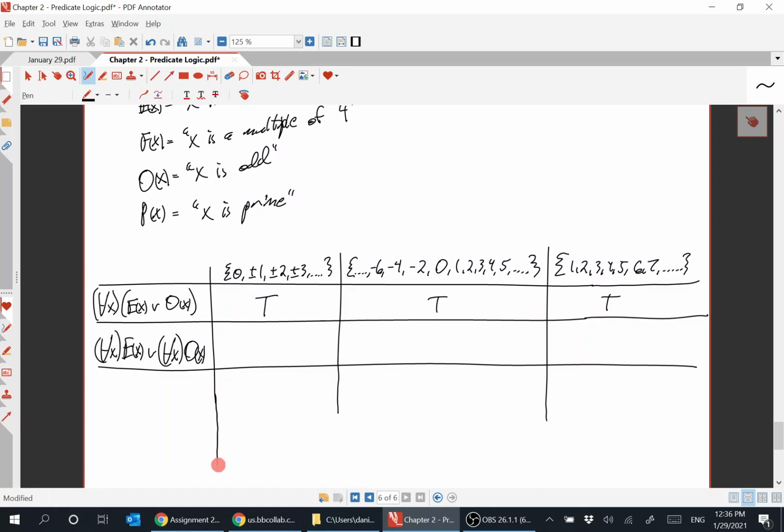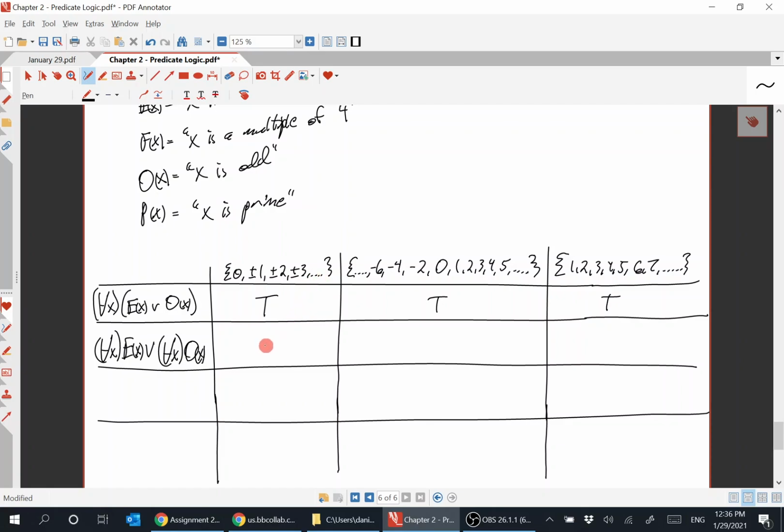Well, truth value of that: for every x in the domain, x is even, or for every x in the domain, x is odd. Is everything even or everything odd here?